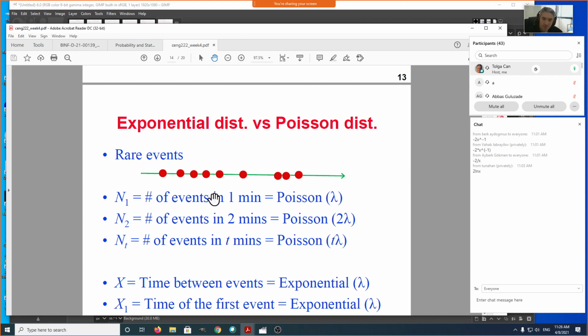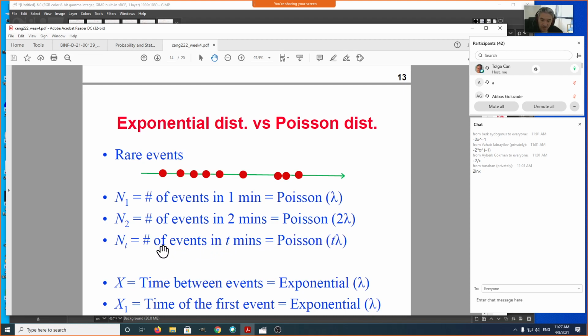So the number of events in 1 minute was our Poisson variable with lambda, when the average number of events in a minute is given to us as lambda. If we were asked the number of events in 2 minutes, remember this is not a summation of two random variables, but it's going to be another Poisson variable with two lambda this time. The parameter changes.